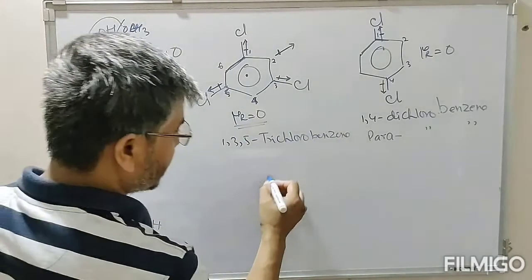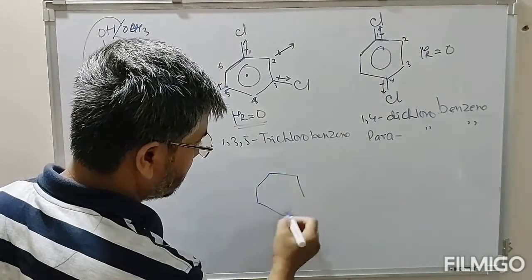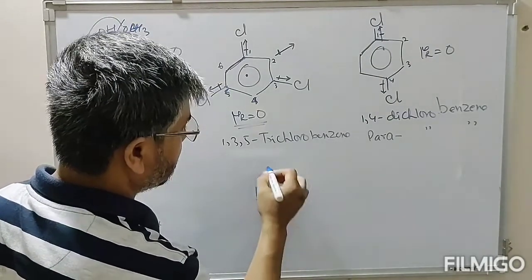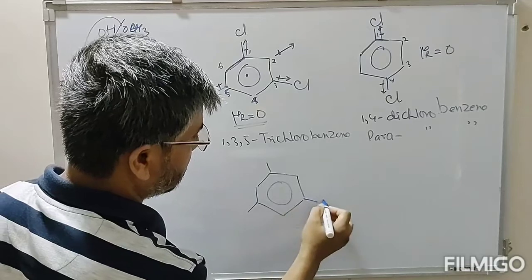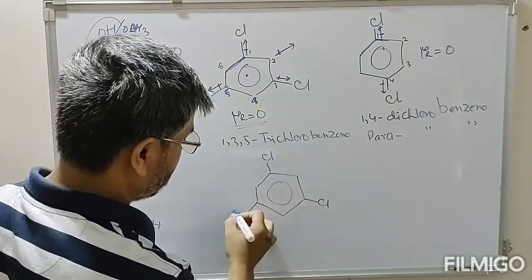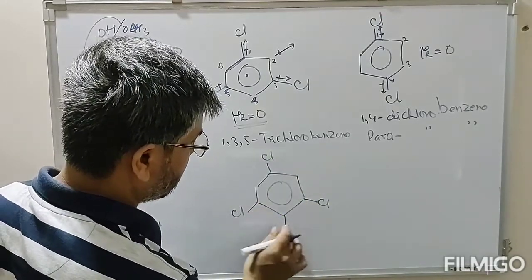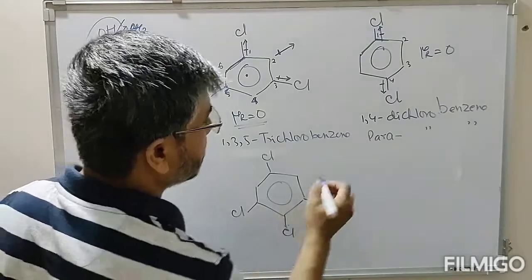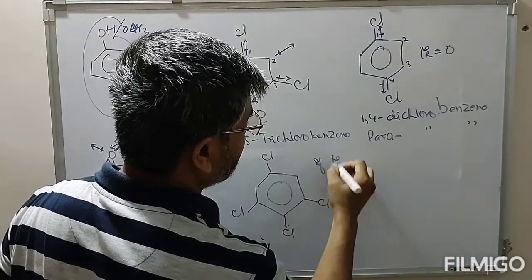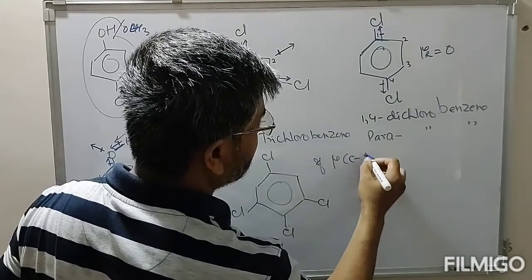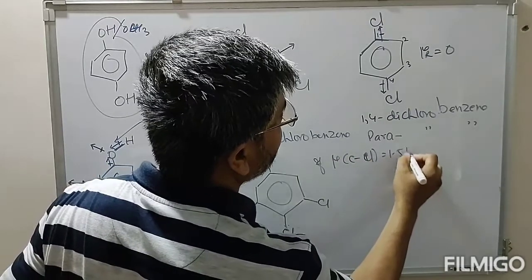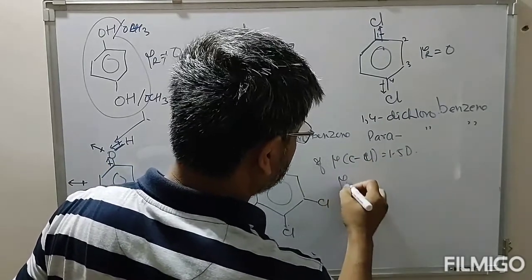If suppose this is the case, then look at this molecule. If the dipole moment of carbon-Cl is suppose 1.5 D, then what is the resultant?